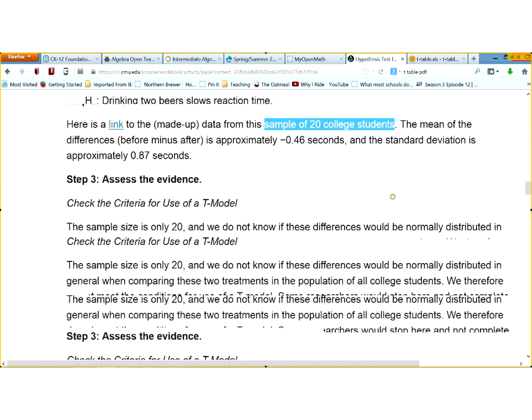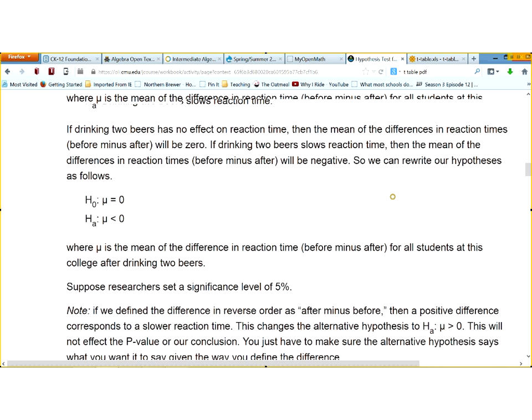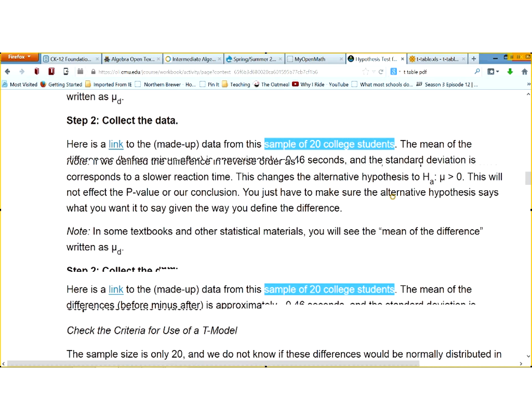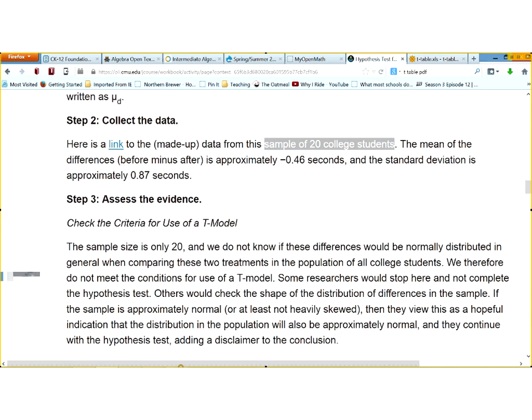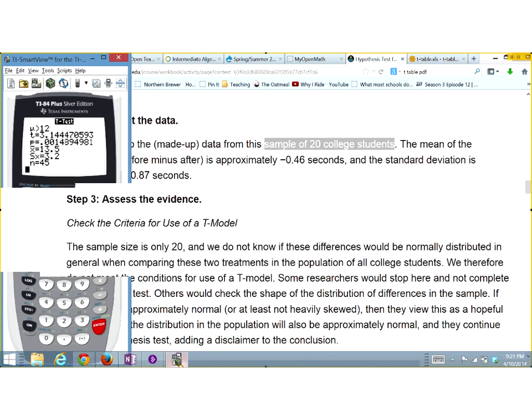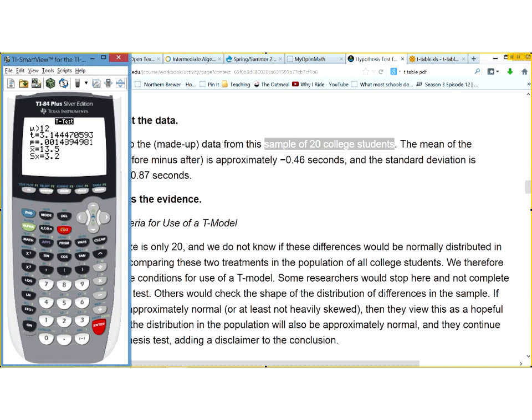So rather than go through the way they do it, once again, here's our data. We would take our calculator, and we would go to Stat, go to Test, and go to t-test, number 2. But this time our mu0 is 0. Our difference is 0.